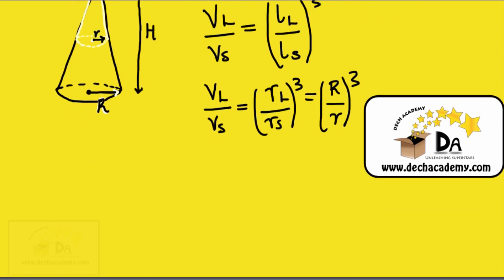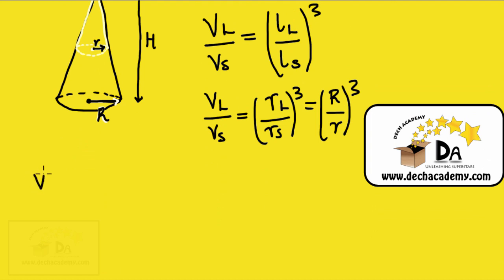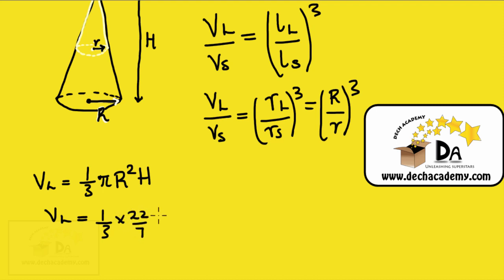So the volume of the large cone, which is 1/3 pi r squared h, so uppercase R, uppercase H, volume of this cone is equal to 1/3 times 22/7 for pi times radius squared, which is 21 squared, times 35. And this volume is equal to 16,170 cm cubed.